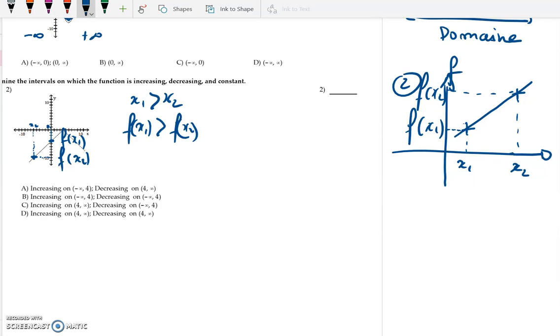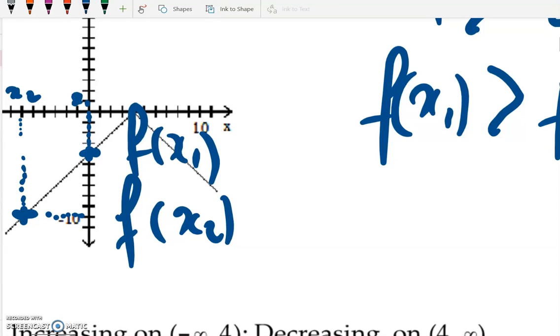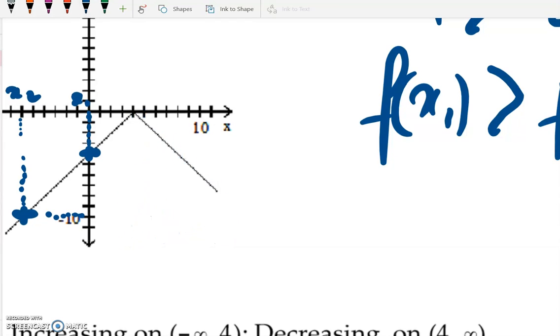That tells us that we have the function increasing, and increasing on which domain? On the domain minus infinity to 4. I'm going to erase that, just the names of f of x1 and f of x2.